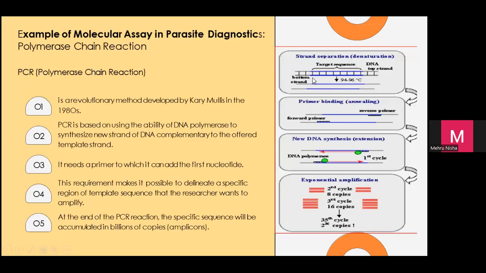Then kita target pada satu region yang spesifik. That means ascaris suum ada, ascaris trichiura tak ada, and so on. And it will be very specific.